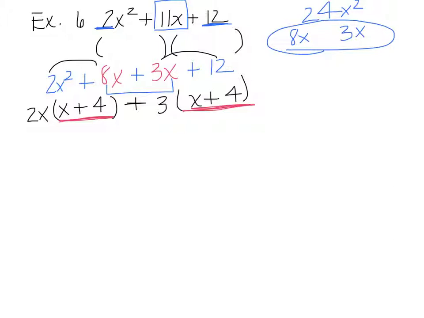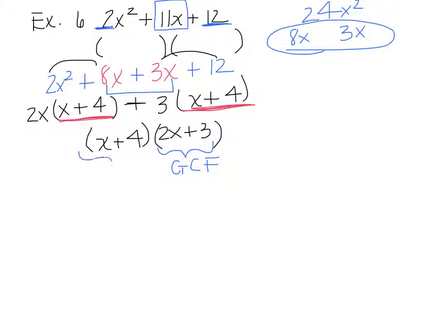So, since both of them have an x plus 4 in common, that's one of our factors. And the other factor comes from the 2 terms that you pulled out as your GCFs. 2x plus 3. So this is the GCF of both terms, and this is what they have in common.